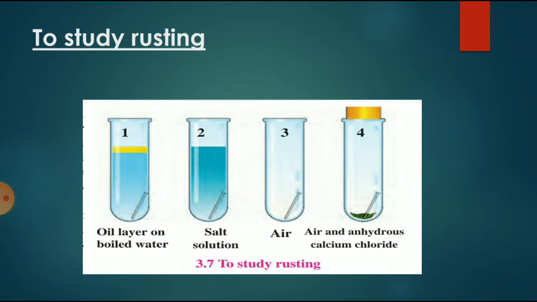For this activity, we need 4 test tubes. In one test tube there is an oil layer on boiled water, in the second test tube a salt solution, in the third test tube air, and in the fourth test tube air and anhydrous calcium chloride, each with an iron nail.